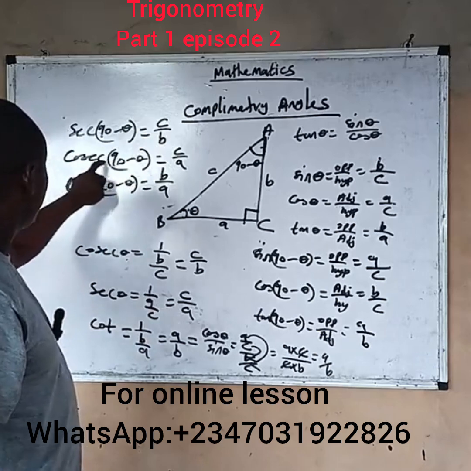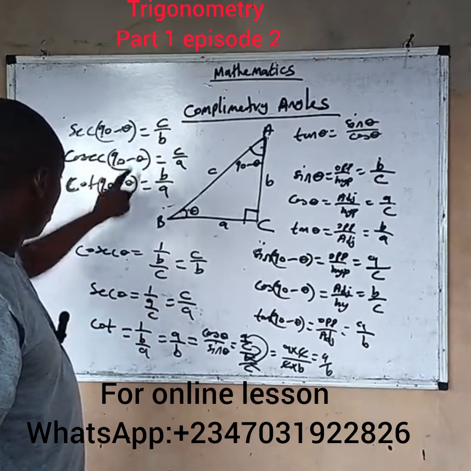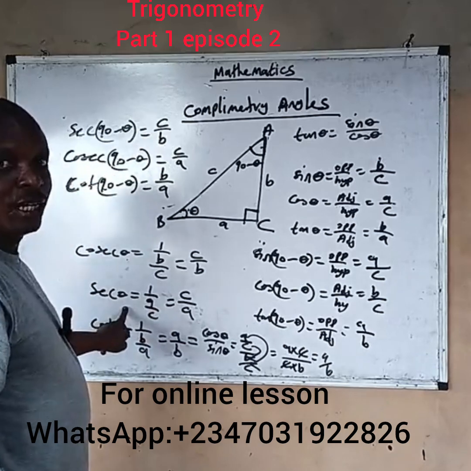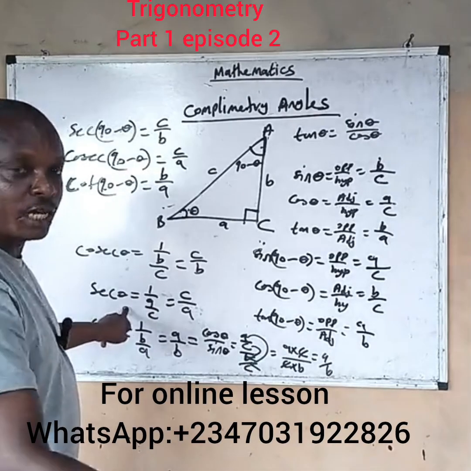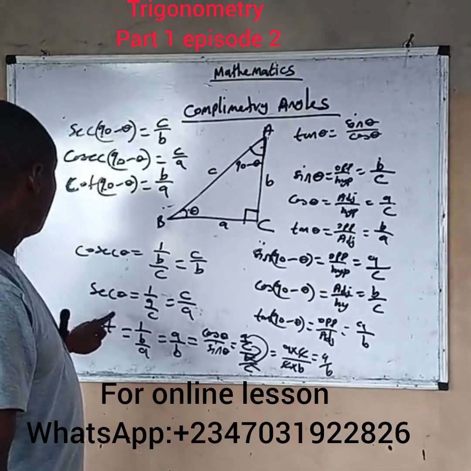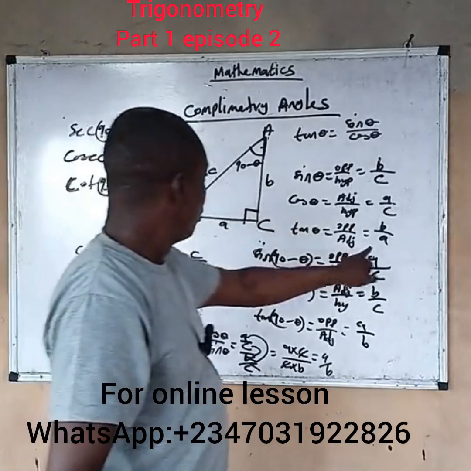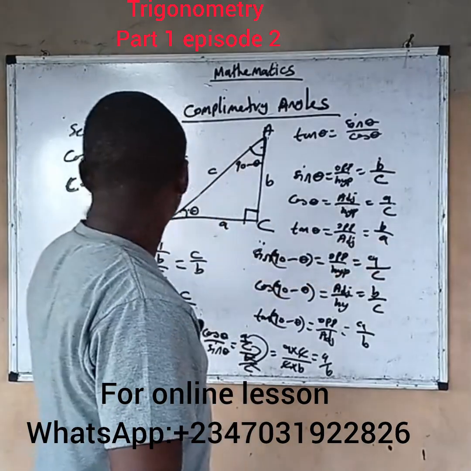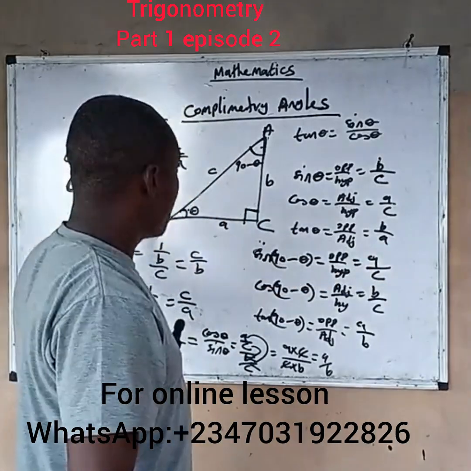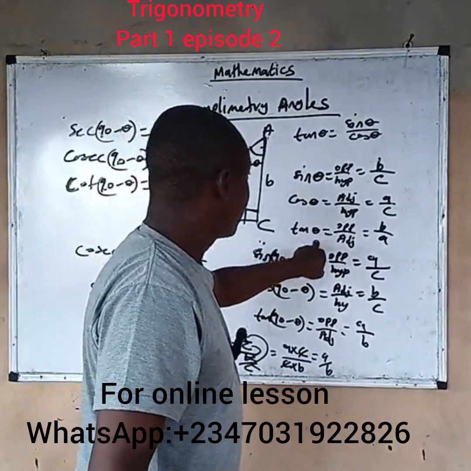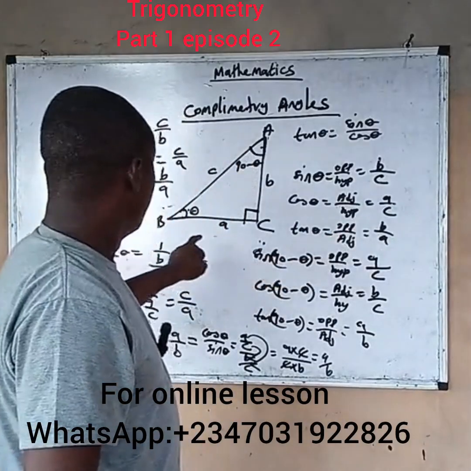It means cosec 90 minus theta is equal to sec theta. That's the relationship between cosec and sec. Then let's see, do we have b over a? Okay, we have b over a here. It means cot 90 minus theta is equal to tan theta, because it's the same b over a.